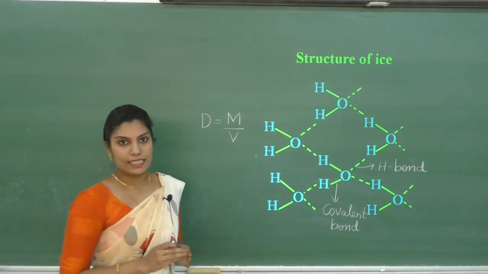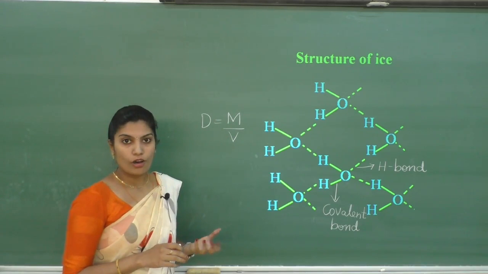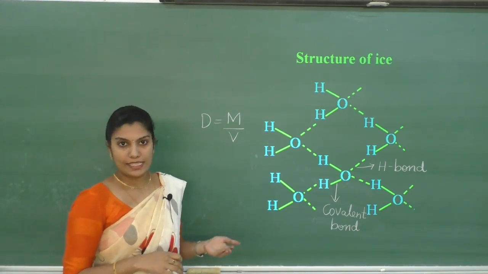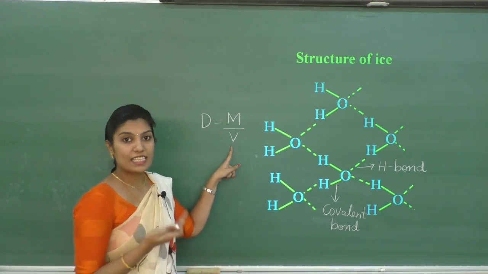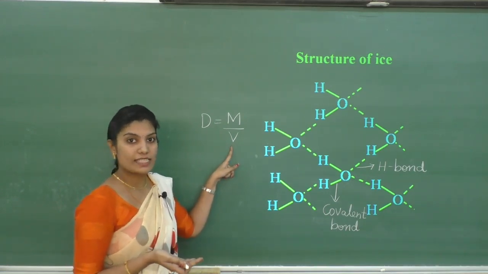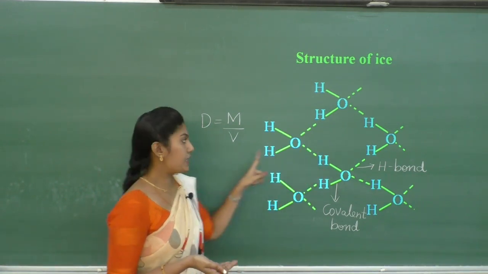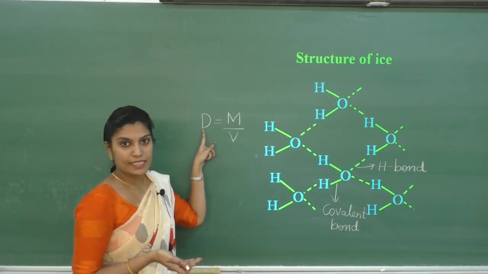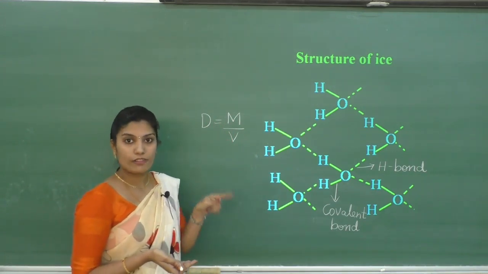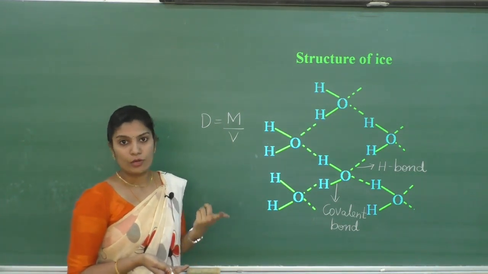If we consider the same mass of water and ice, mass remains constant. But the volume increases in the case of ice because of this empty space. When the volume increases, density decreases. Therefore, in the case of ice, we say density of ice is less than water.